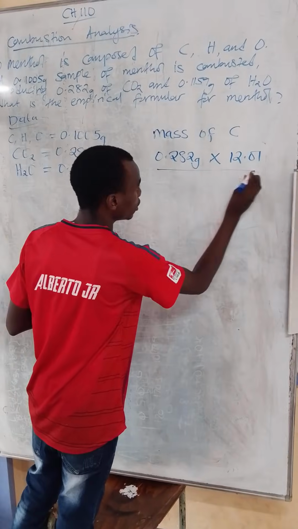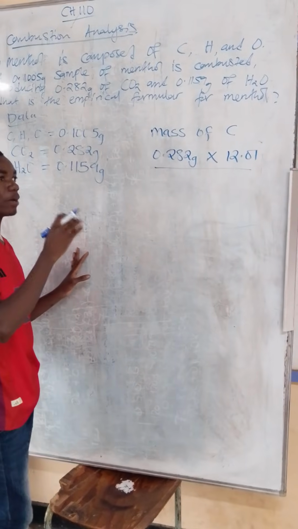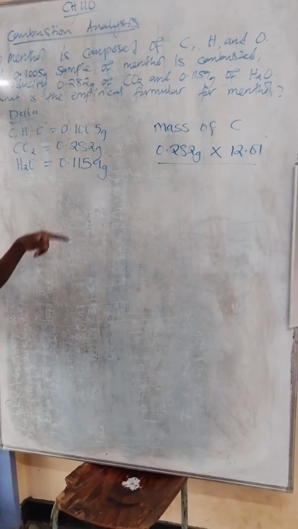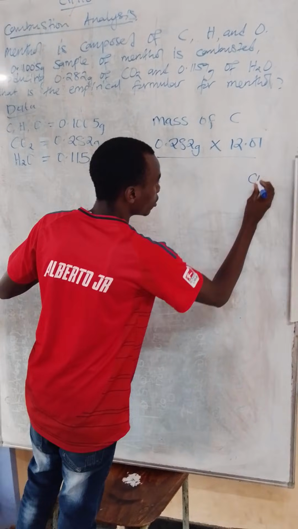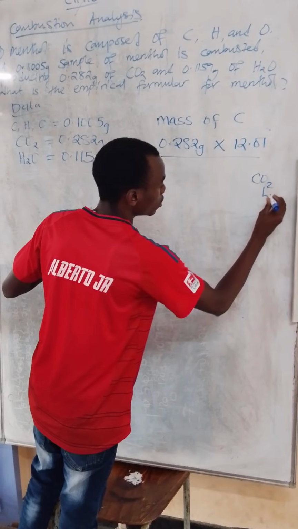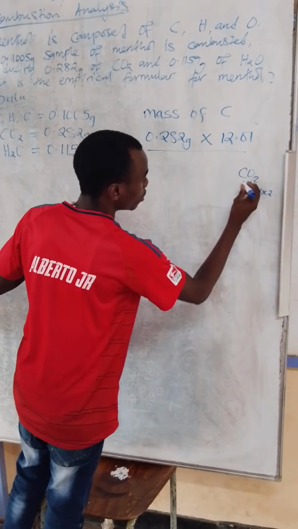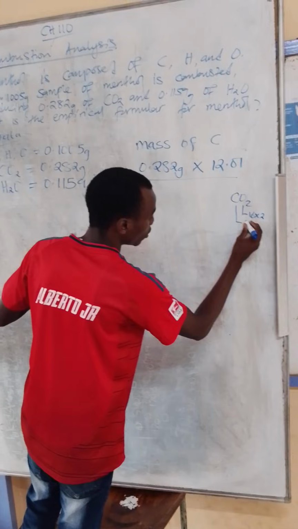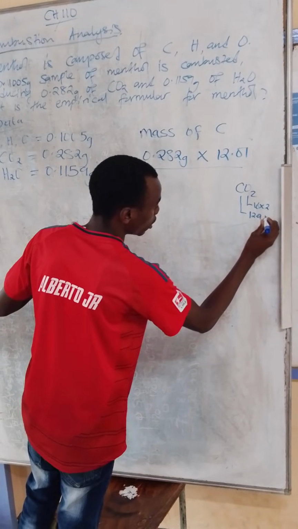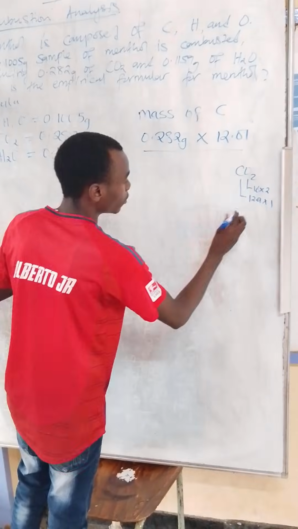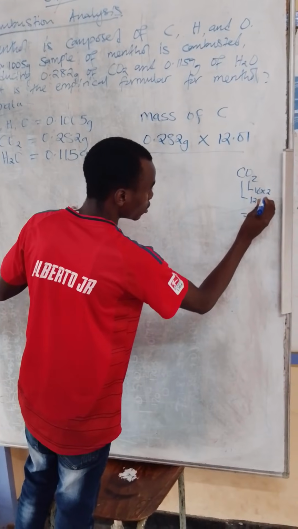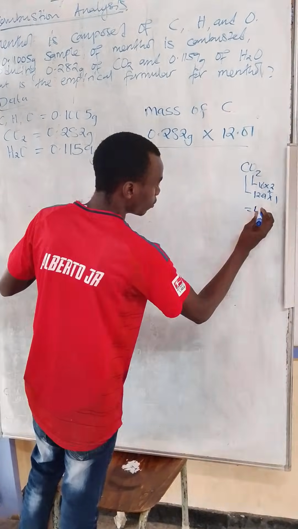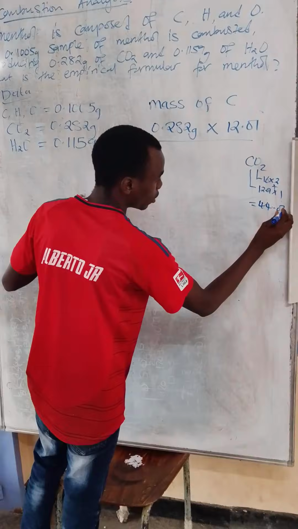That's what it shows on other periodic tables. Then you divide by the molar mass or molecular formula for the entire carbon dioxide. For carbon, it is 12.01 times 1, and for oxygen, 16 multiplied by 2. You add the two answers to give you 44.01 grams per mole.